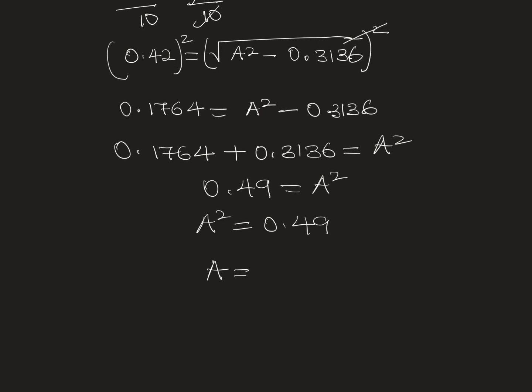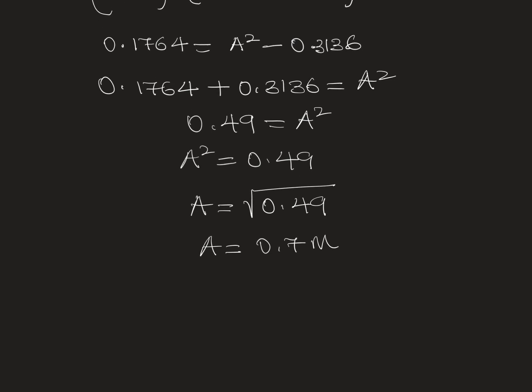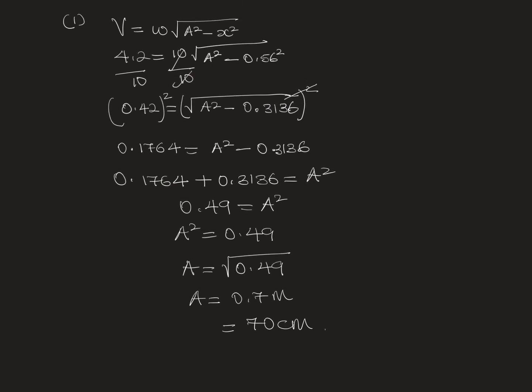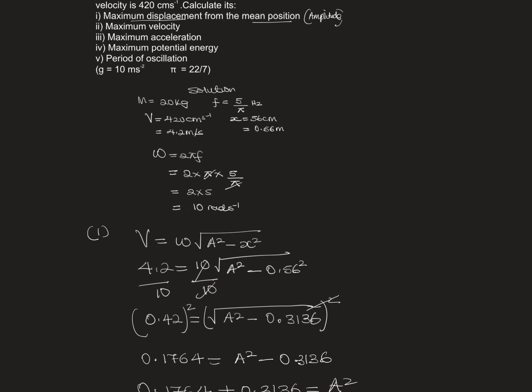That is going to be the square root of 0.49, which is 0.7. So it will be 0.7 meters. Or if I want to express it in centimeters, I will multiply it by 100, and that will give me 70 centimeters. So it means the amplitude is 70 centimeters or 0.7 meters. That is question 1.